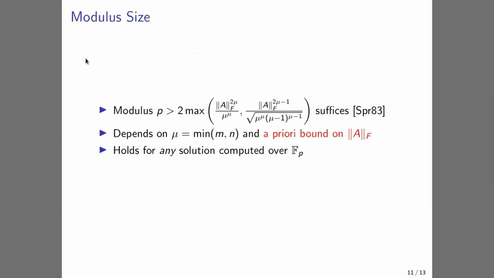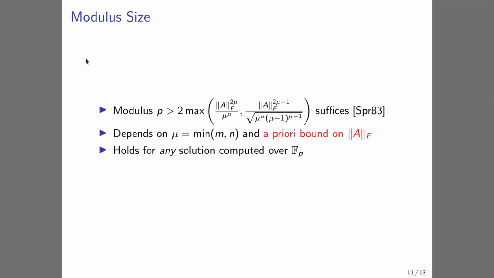Now we've talked a bit about that you need to choose a suitable modulus size. There's actually a bound by Springer, which is displayed here, which states that if your modulus is larger than this bound, then you can represent all the integer coefficients of the numerators in your pseudo-inverse matrix, and also that common denominator.